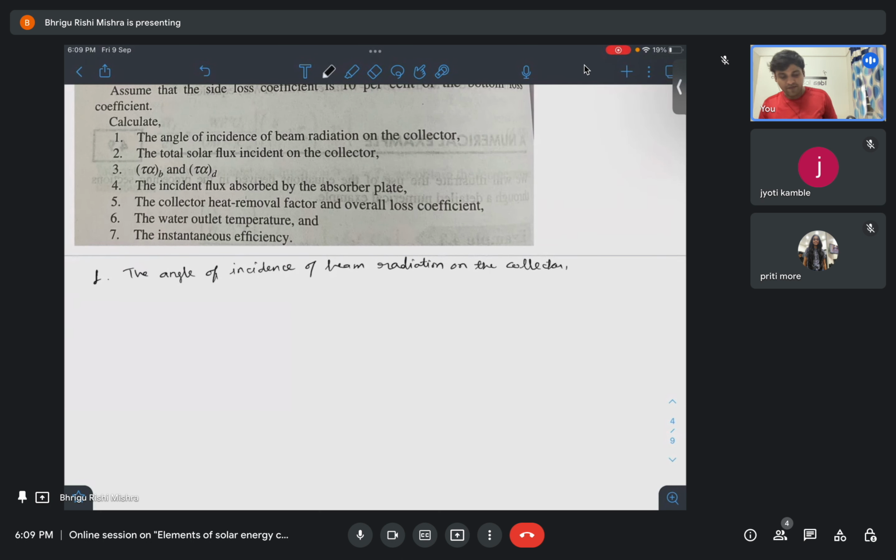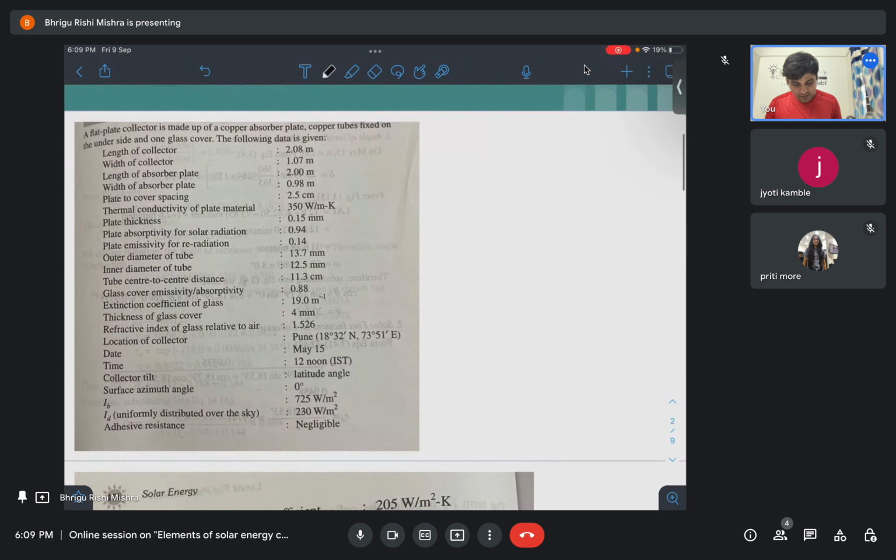Here the location of the collector is given, it is Pune. The date is May 15, time is 12 noon. The collector tilt angle is the same as the latitude angle, that means L equals beta. The surface azimuthal angle is also given, gamma s is 0.